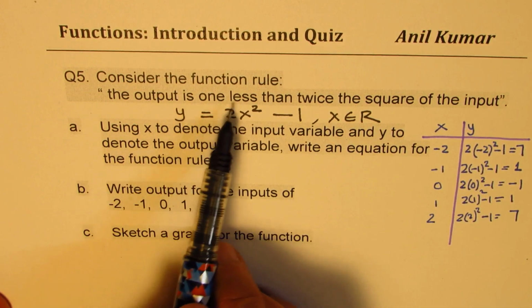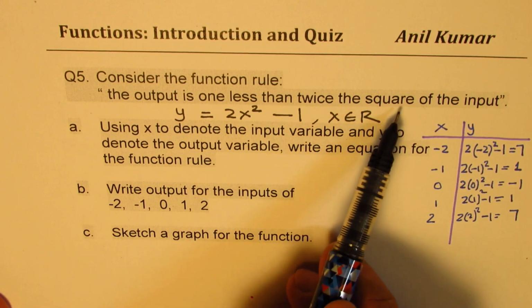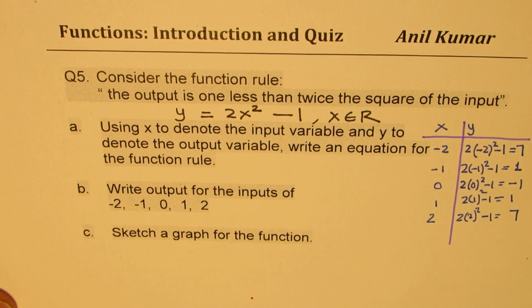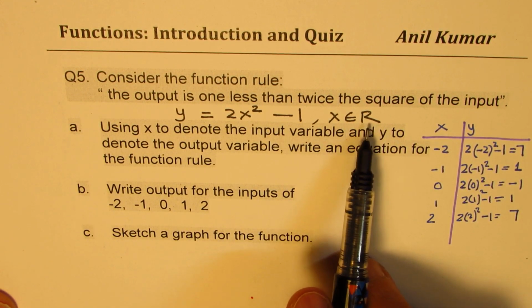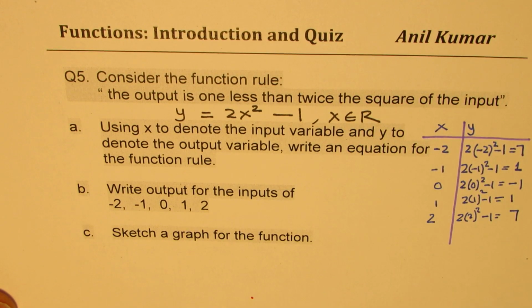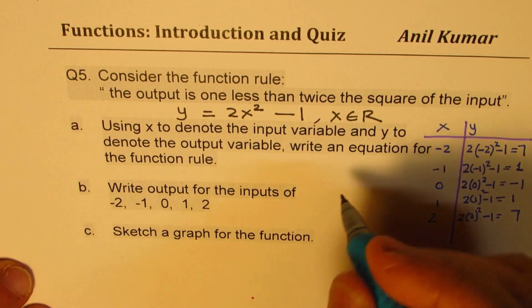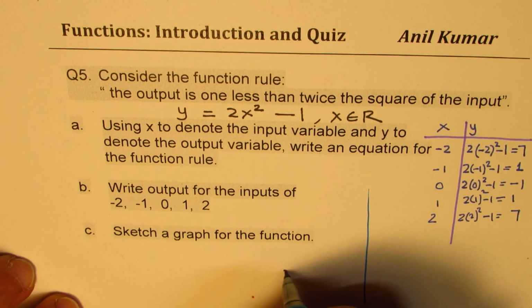The output is 1 less than twice the square of the input. We are not restricting it to integers, natural numbers, or anything like this, right? So that means it's a set of real numbers, okay? So when you plot some values, which we did make a table for, just to represent them, we could make a graph which could look like this.